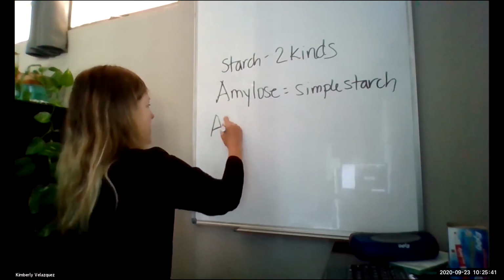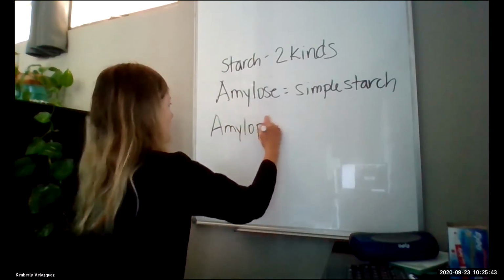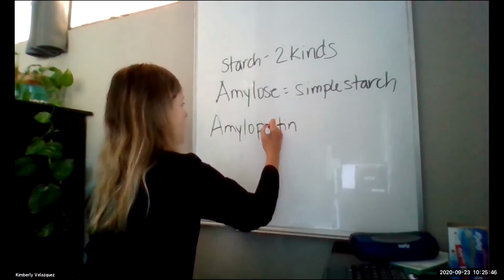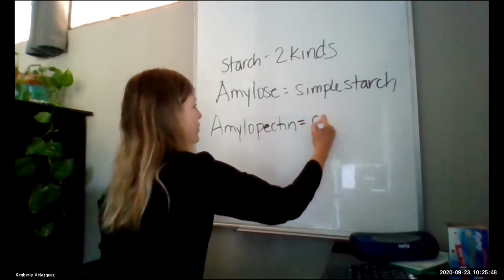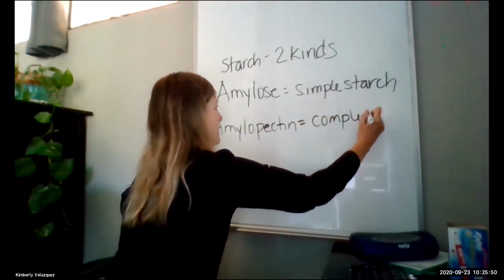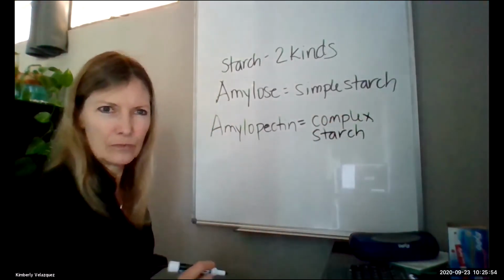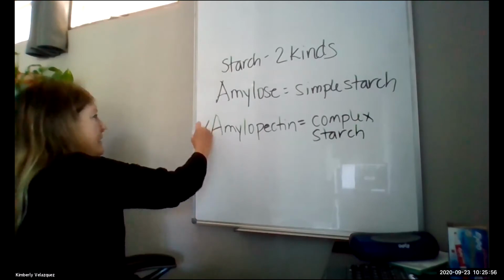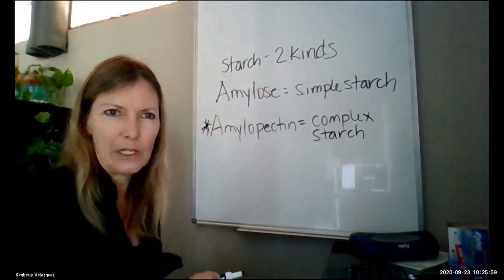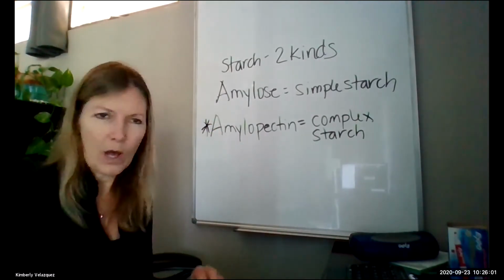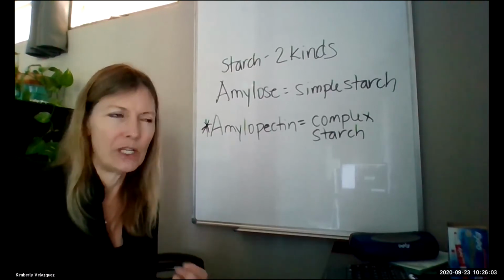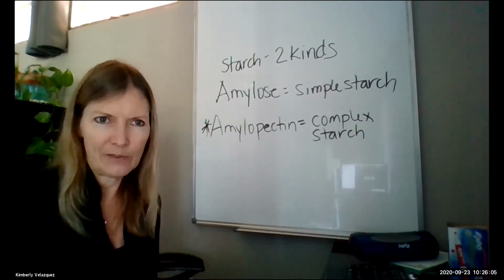And then we have what's called amylopectin. And this is what we call complex starch, so often called complex carbohydrates. This is really the best thing you can eat. And we'll talk about why in terms of blood sugar regulation and how it affects your weight.